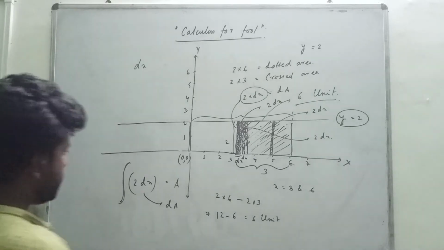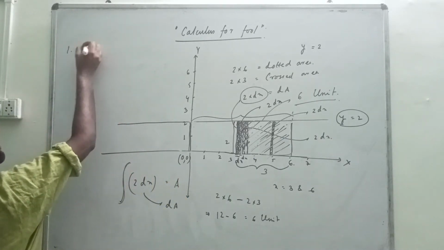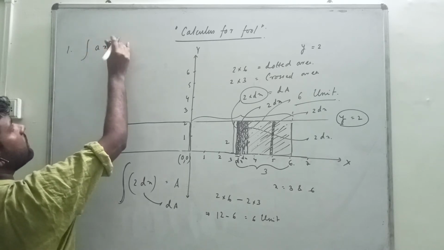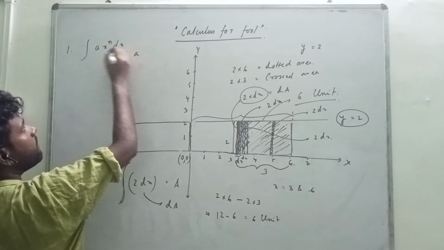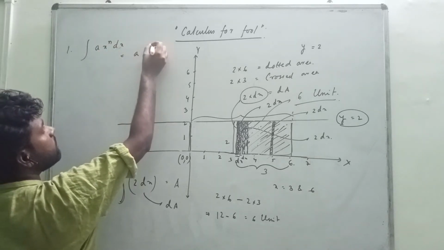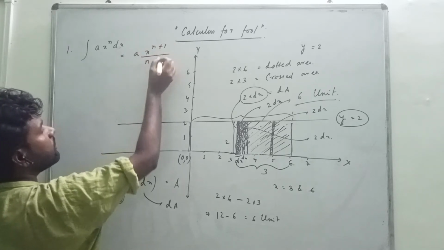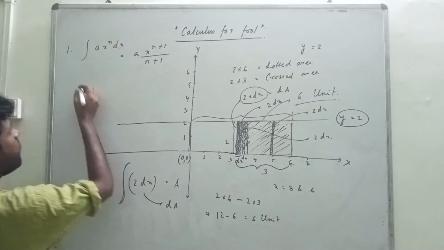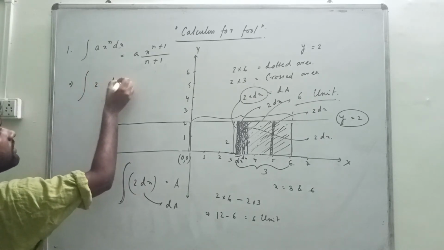Okay, so all of you know from our previous formula that the integral of a x power n dx goes to a, which remains constant, and x power n goes to x power n plus 1 by n plus 1, right? Now, what will happen if it is 2 dx?